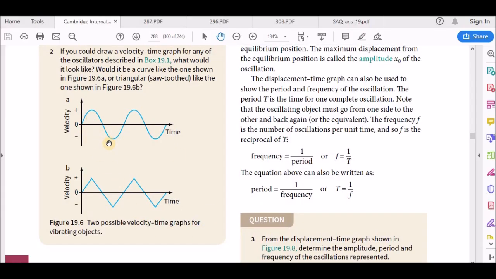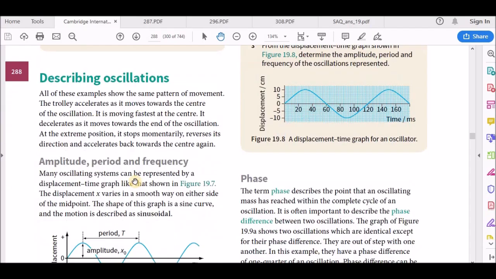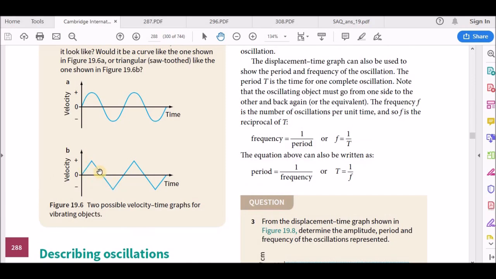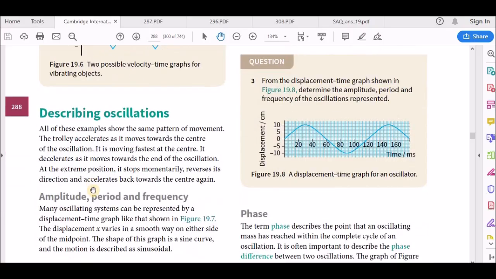So you know it has to be curved like this, and we saw it over here also. Here it indicates that there is a sudden change in the velocity. And here also you can see if it's a straight line, that means the velocity is constant. This was a displacement time graph.